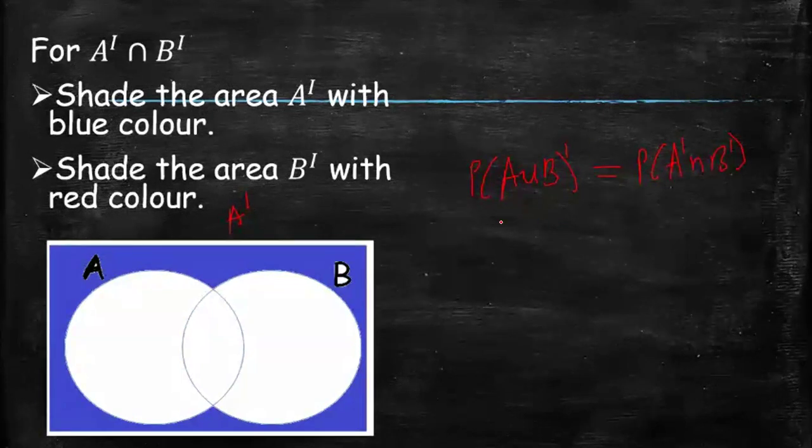But how it comes about: the number of A union B complement is the same as the number of A complement intersection B complement.